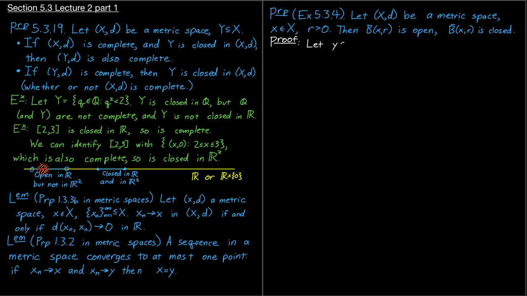Let y be in the ball I'm claiming is open. Then rho is r minus the distance from x to y. Well, the open ball means the distance from x to y is less than r, so this rho is positive. And if z is in the ball centered at y of radius rho, then for the distance from z to x, just use the triangle inequality.